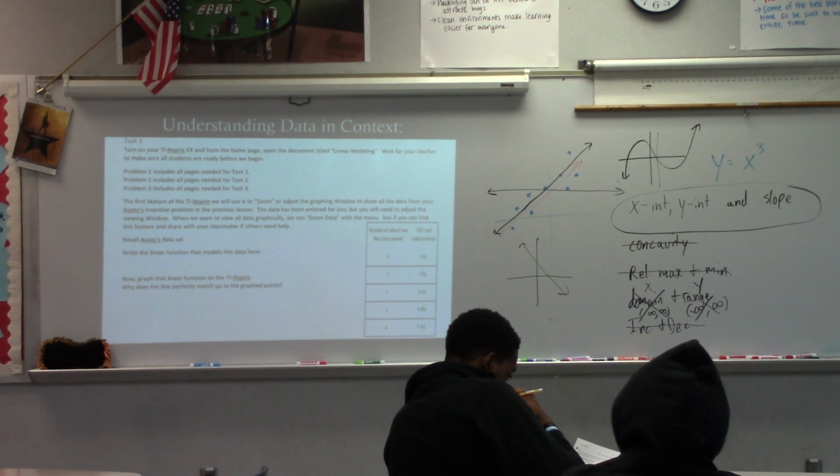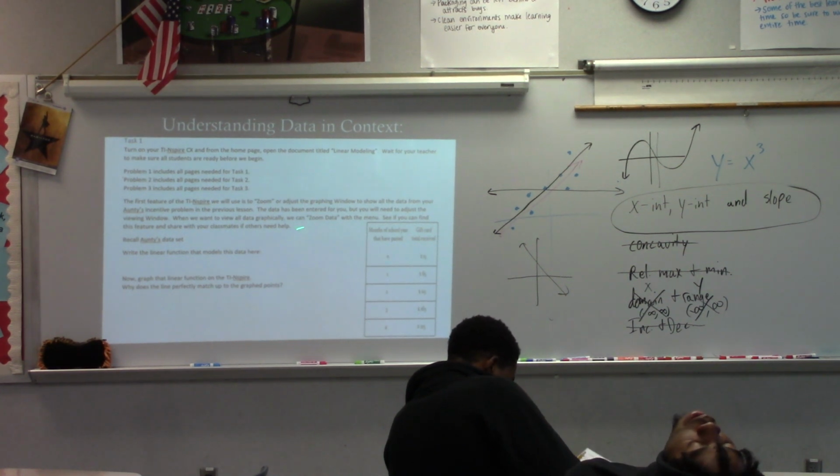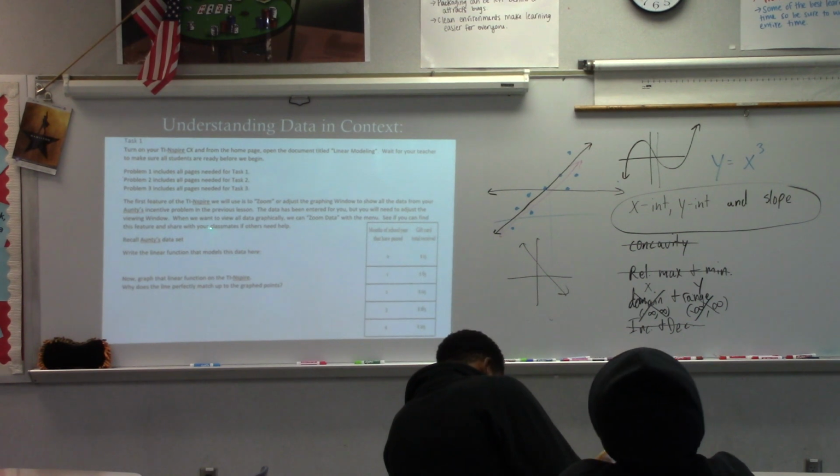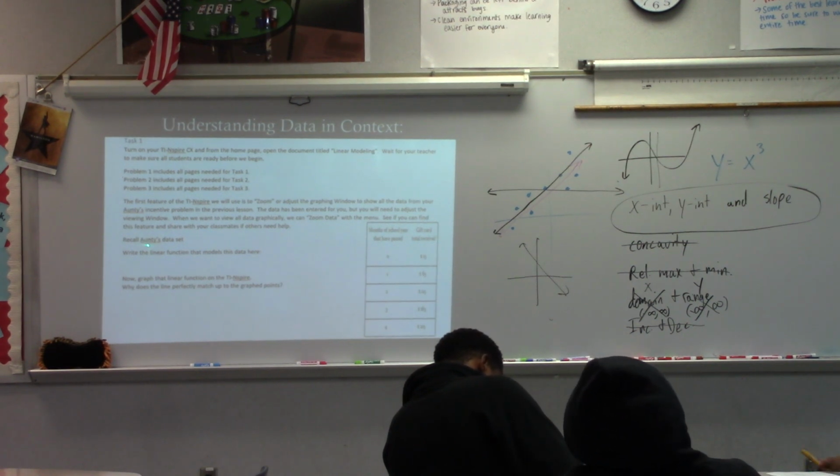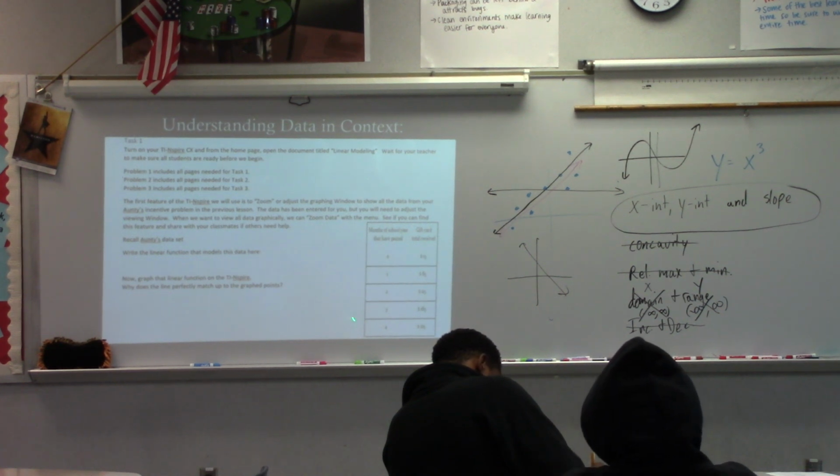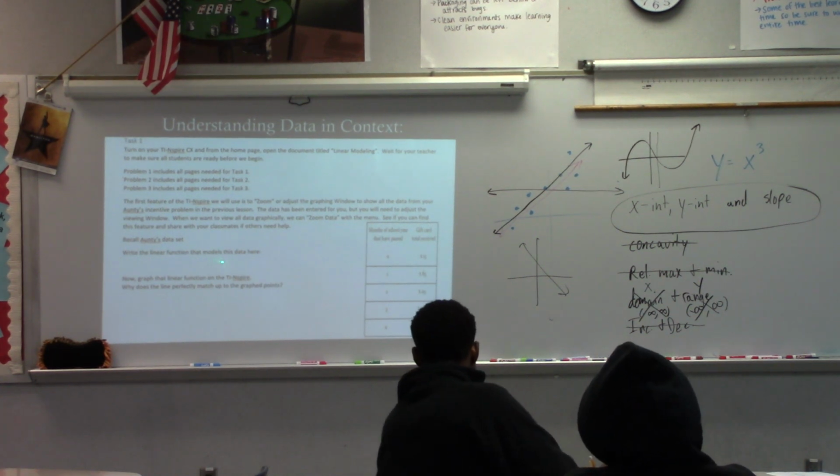Zoom data, right. So, follow directions, do zoom data on the calculator so you can see the data, help your classmates if you run into any issues. Then, start on this next part. When you look at the data that's on the graph, it's going to match these points in this table. Write a linear function that models this data.